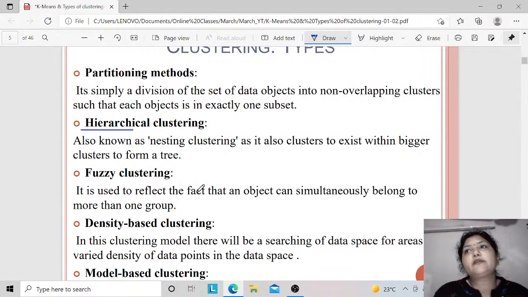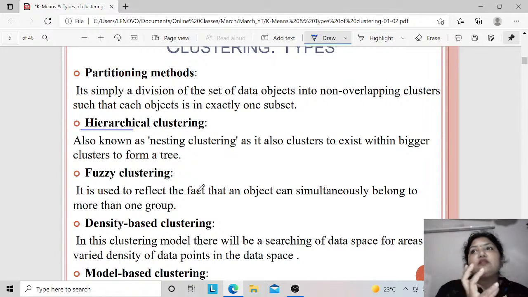We make dendrograms for segregating the data points, and through dendrograms we can easily find out that this point is falling under this cluster. It is also called nested clustering.